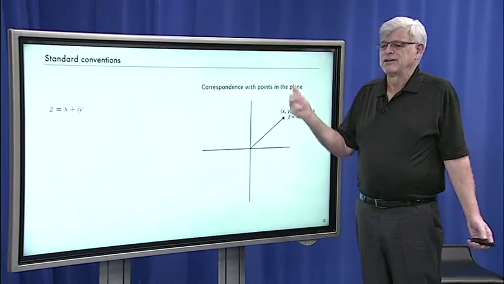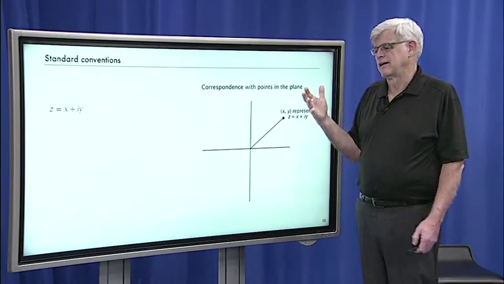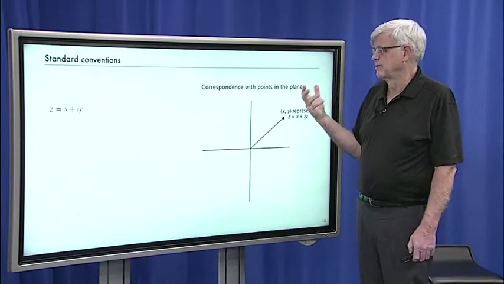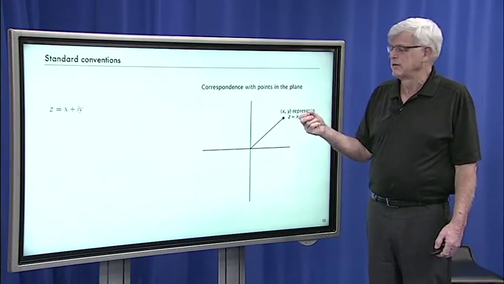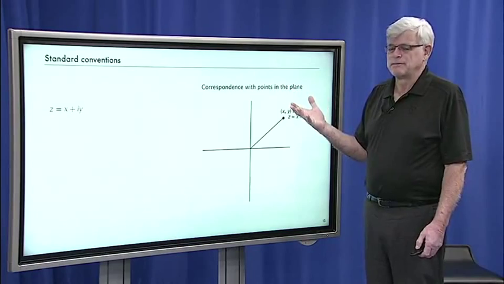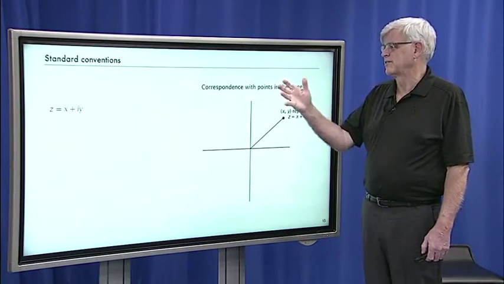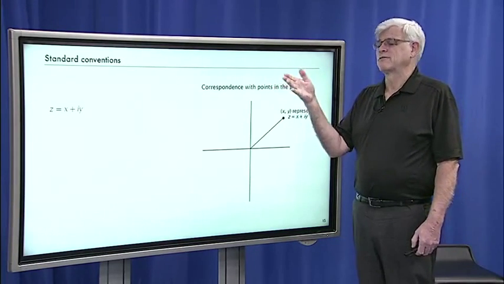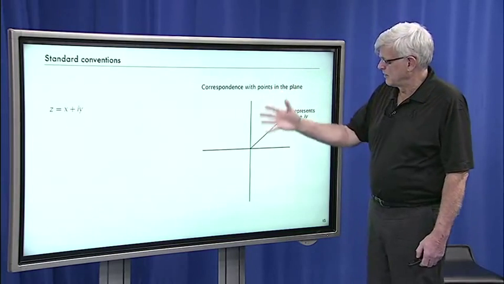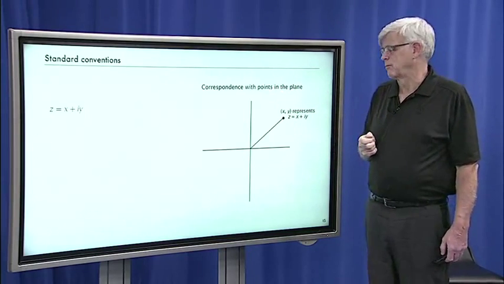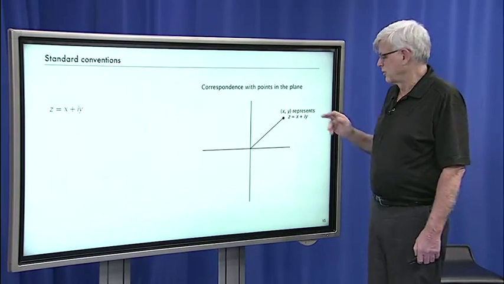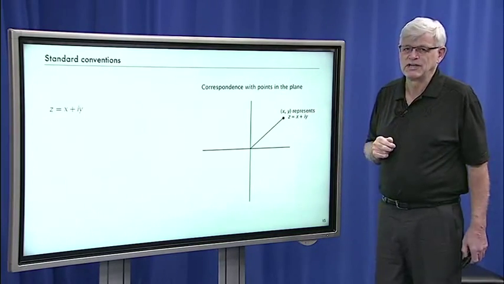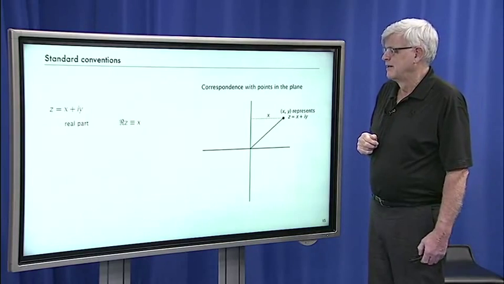So there are many standard conventions, and again, I'm going to go quickly through these things, but many of them are elementary. It's usually a matter of two things. One is the representation of complex numbers by correspondence with points in the plane. So the point (x, y) represents the complex number z = x + iy.